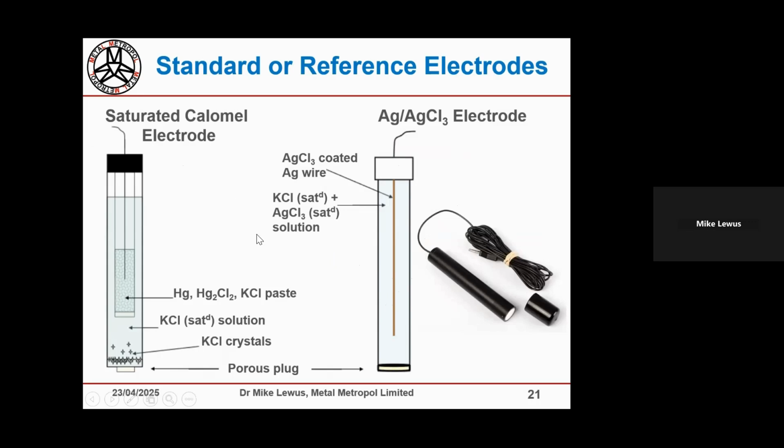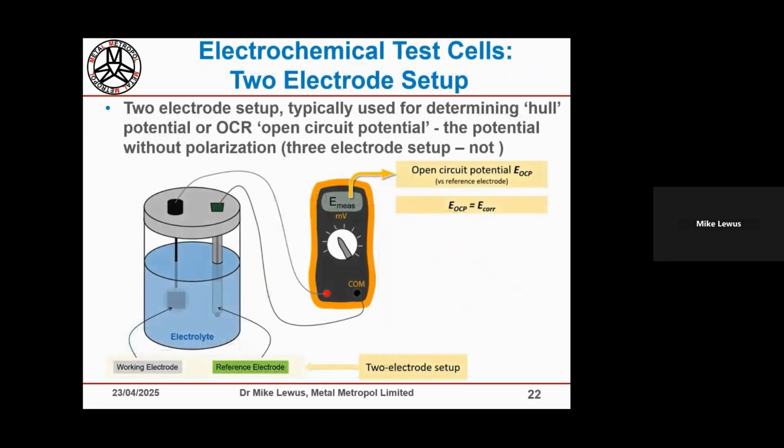I'll just say that there are other reference electrodes that can be used. A common one that used to be used is something called the calomel electrode. But you'll see these electrodes are simply a metal in an electrolyte, designed to give a constant and stable output. Some of you have come across the idea that if people want to measure the hull potential, say on a metal-hulled vessel, they might just use a piece of silver or a copper rod.